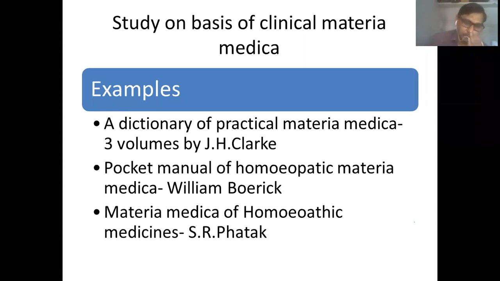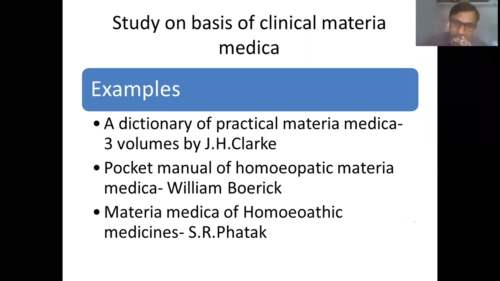So we are still using that Dictionary of Practical Materia Medica by J.H. Clarke, which was written in the 19th century. We are still using this Homeopathic Materia Medica by William Boericke, which was written in the year 1920. There is no updating. Once they are written, it is written.